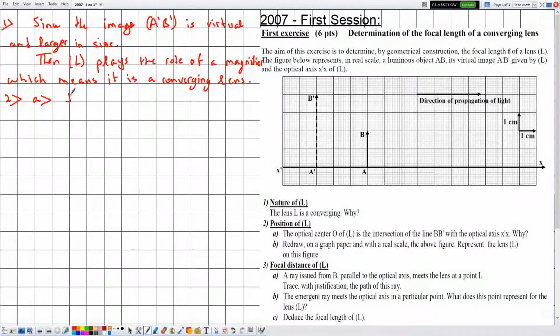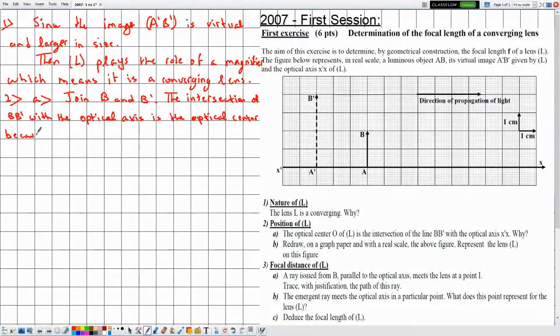So if we join B and B prime, the intersection of BB prime with the optical axis is the optical center. Why?